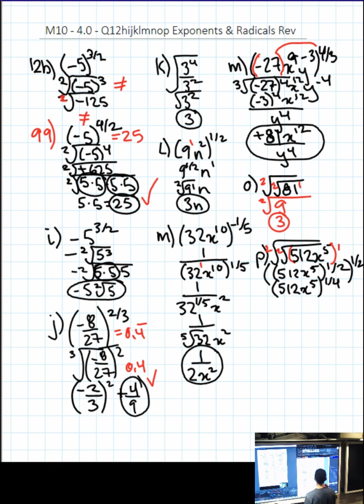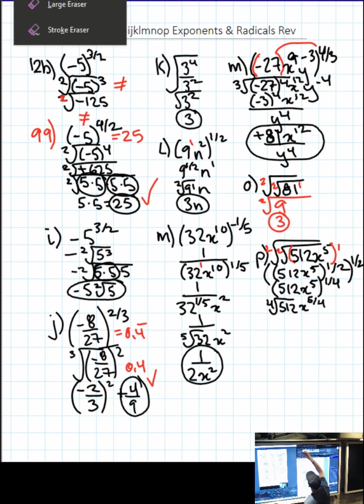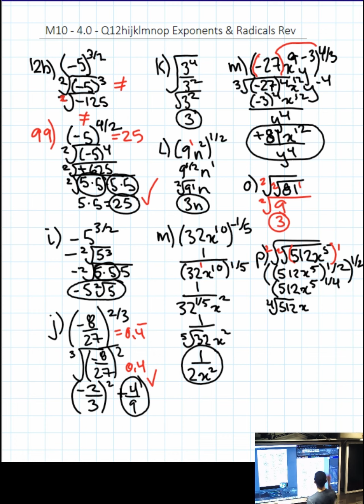Then I can multiply my exponents back in, and I'm going to convert at the same time. So that's the 4th root of 512 x to the, multiplying my exponents together, 5 over 4. I'm going to make that a little bit cleaner. Lost a bracket from above accidentally, to the 5 over 4. Now, on my calculator, I'm going to do the 4th root of 512.